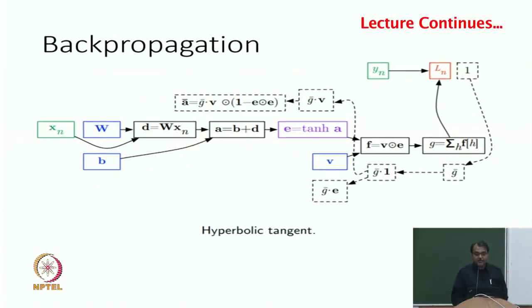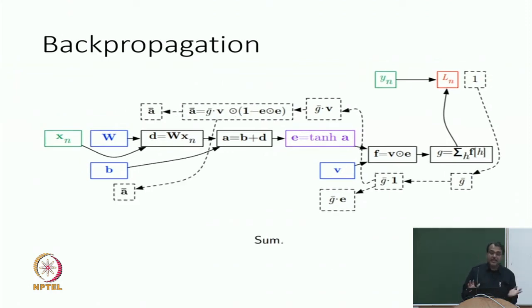Suppose I have computed the derivative of loss with respect to d, that is d bar, and let us say that comes out to be a bar because a was equal to b plus d. I mean d bar is same as a bar, right? Not derivative of d. So, now the last question. Now I am given that d is equal to W times x.